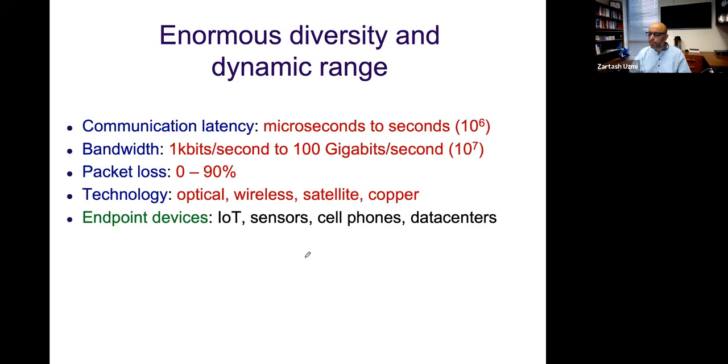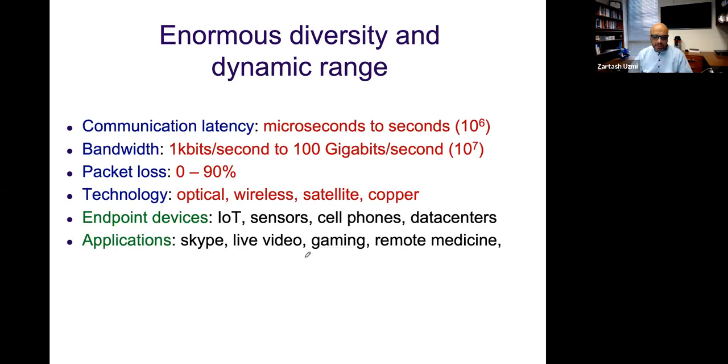Devices can be as small as very, very small IoT devices or sensors. And then you can have cell phones. And then you can have server centers or data centers, which are really, really huge. A typical data center in a big content provider can have a few 100,000 machines. It's very normal for them to have that kind of big data center.